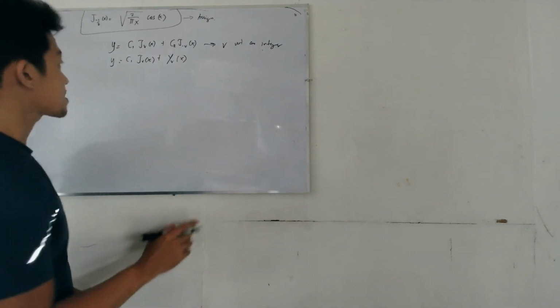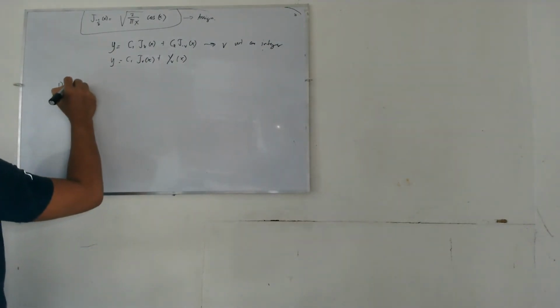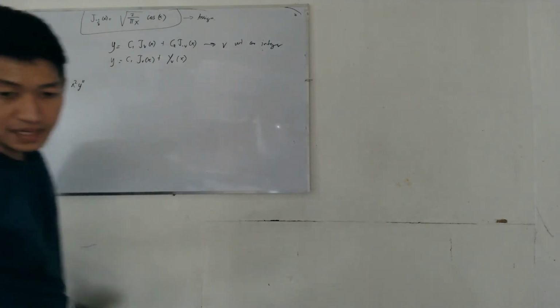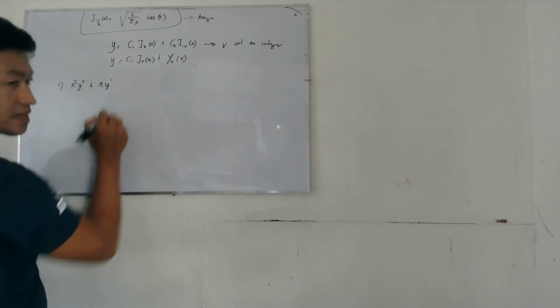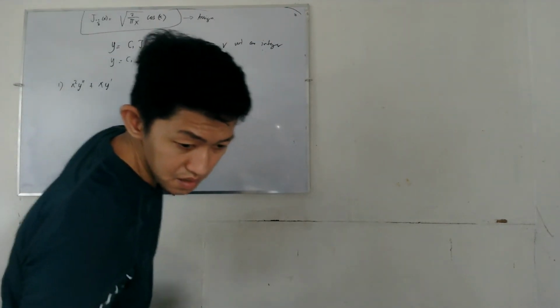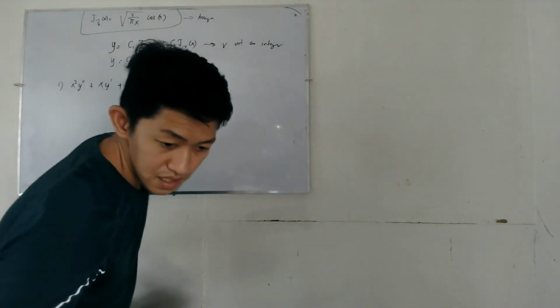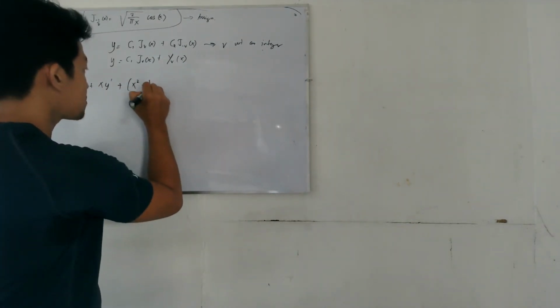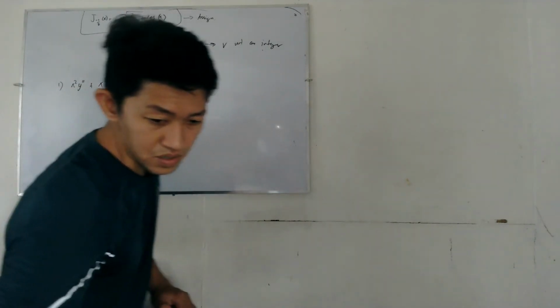Okay, so let's have this example, no? You have this equation x squared y double prime plus xy prime plus x squared minus 1/4 y equal to 0, no?